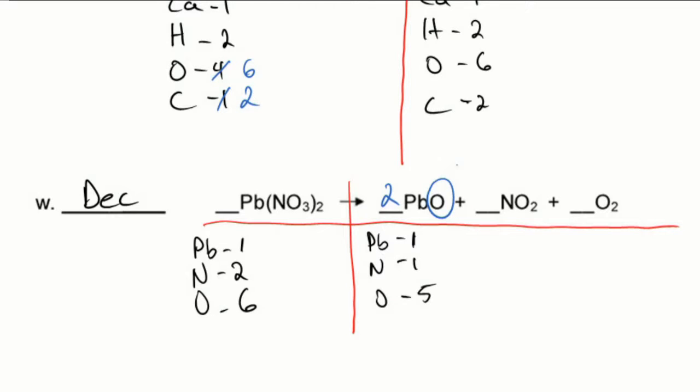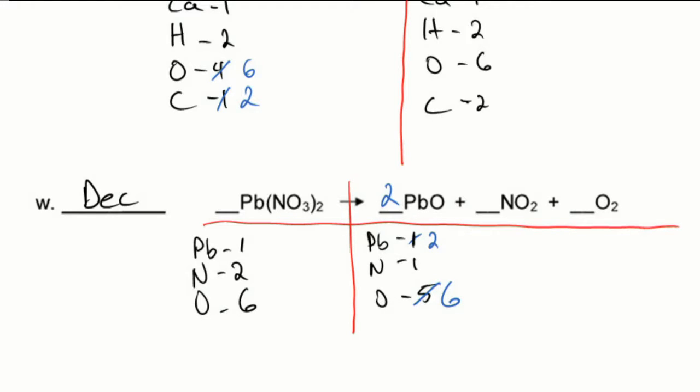It kind of seems like it's unbalancing everything, but it will likely work out in the end in our favor. So that changes that to 2. That's not what I wanted. The oxygen goes from 5 to 10. So that kind of looks like it ruined everything, but let's see if we can sort it out now.